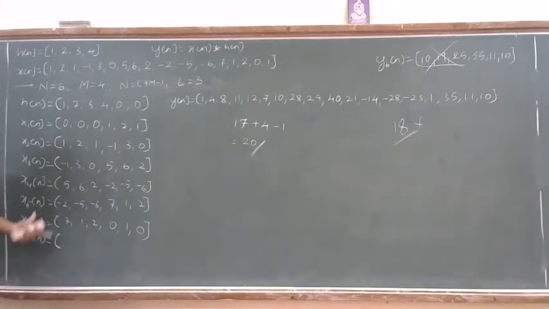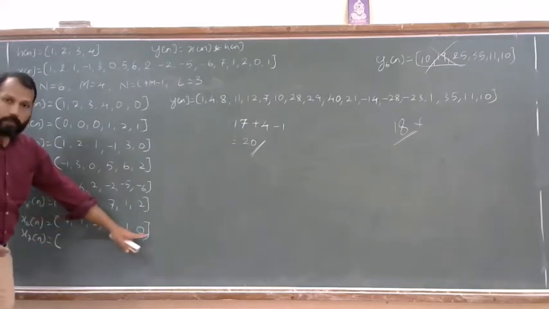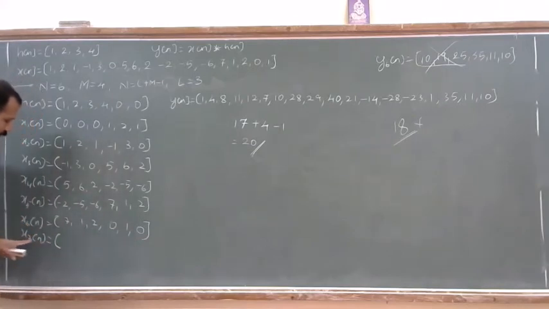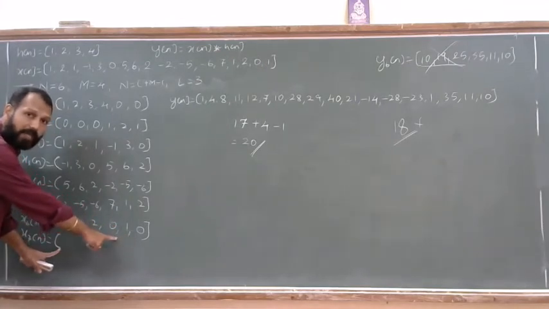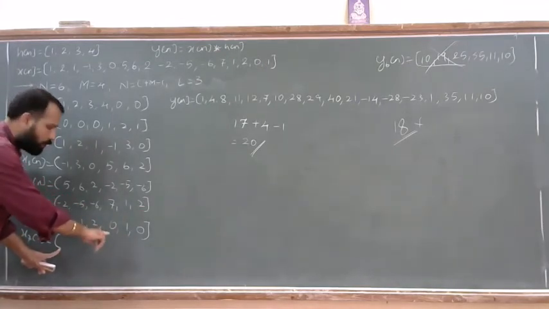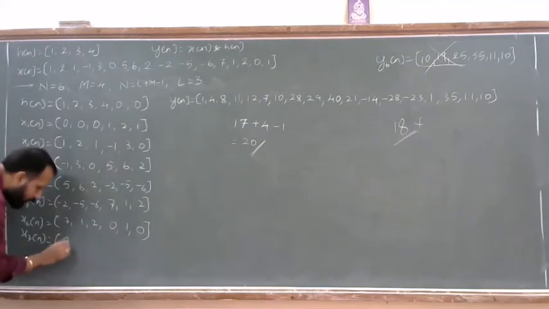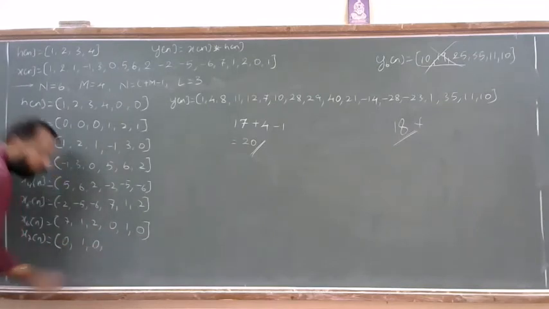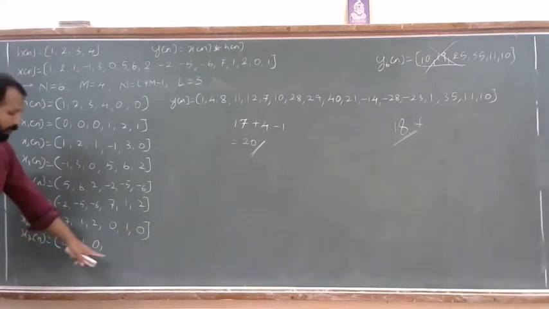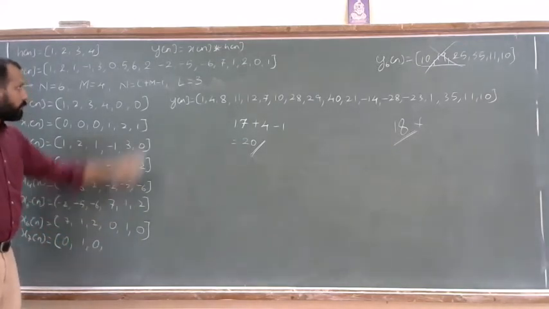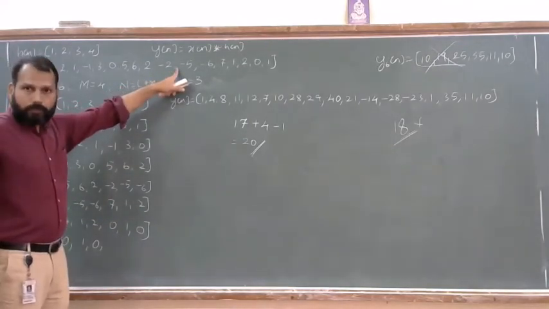Taking one more additional input segment follows the same rule. In x7 of n, the first m minus 1 samples will be taken from the last m minus 1 samples of the previous input. The last m minus 1 samples here are 0, 1 and 0. And the remaining samples are to be taken from the input.